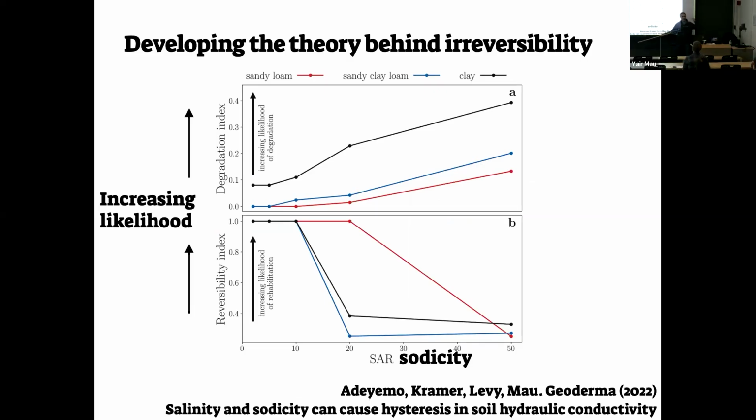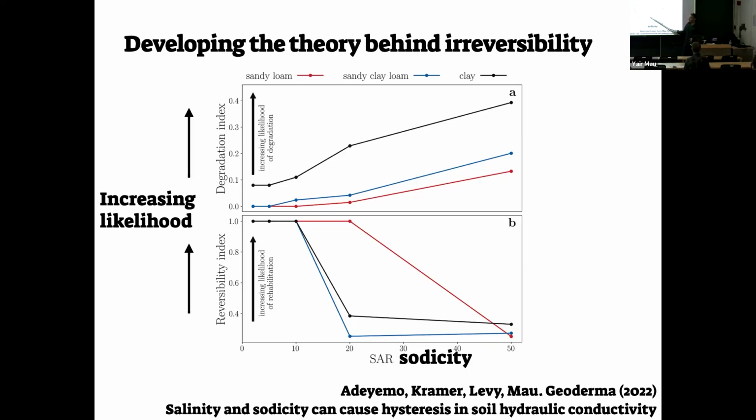So we have those from those experiments, those three kinds of soils, and we can ask, what is the likelihood that I do manipulations to the soil, either in the lab or in the field, and it will eventually be degraded, or what's the likelihood that it will come back? It turns out that it can rehabilitate. So we quantify this by those indices.